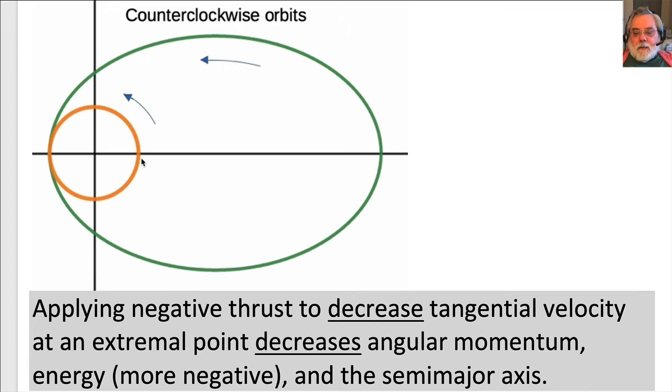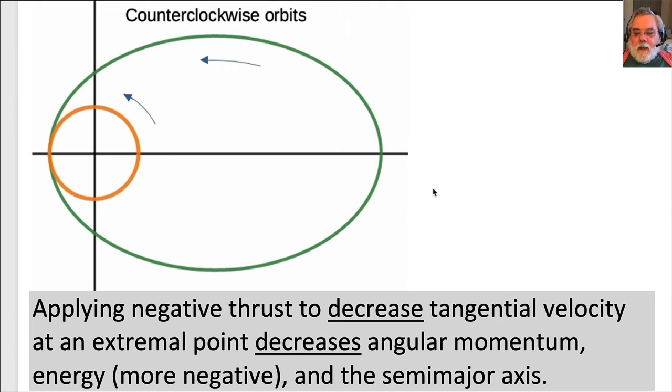But if we were in a circular orbit to begin with and we applied negative thrust, we would end up in a shorter ellipse with the rocket starting at the maximum distance, apogee, aphelion.